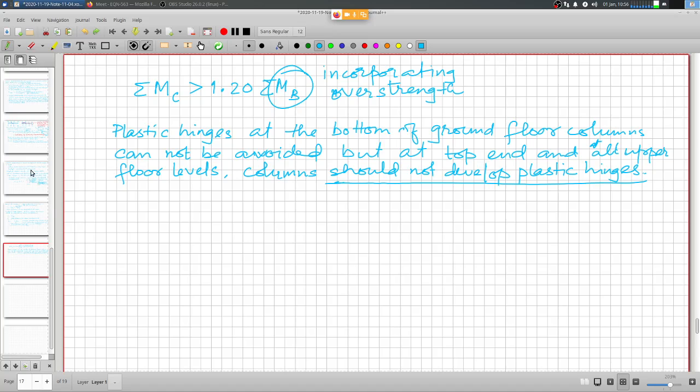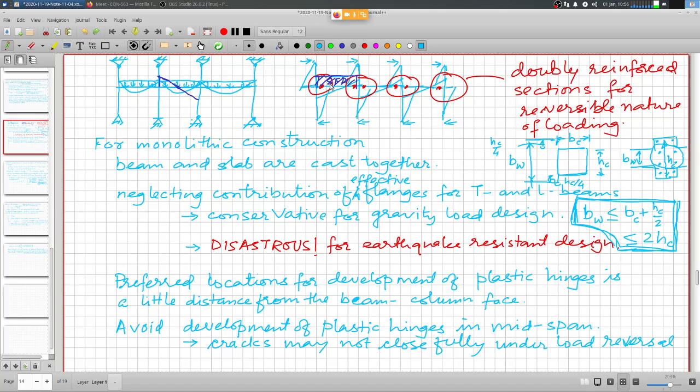All these column moments come only from the beams. If you see this, the moment in the column at this joint, the moment in the column at this point and at this point, would be defined by the moments in the beam at this point and at this point, right? So these are the beams framing in, and if we know what are the maximum moments in these beams, then we can find out what are the columns that we need to provide for.